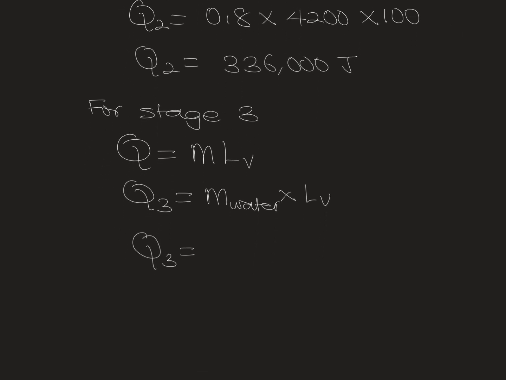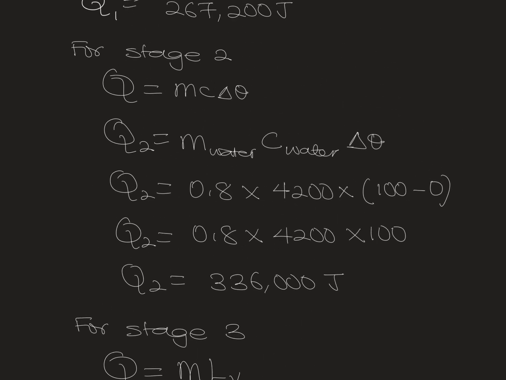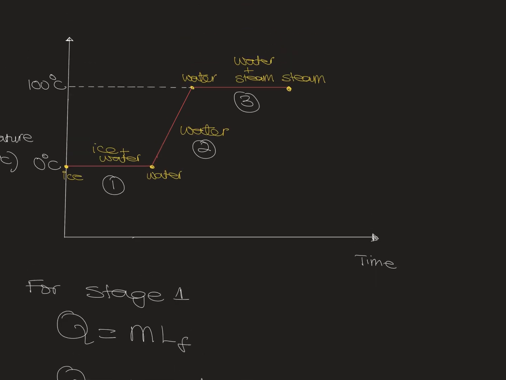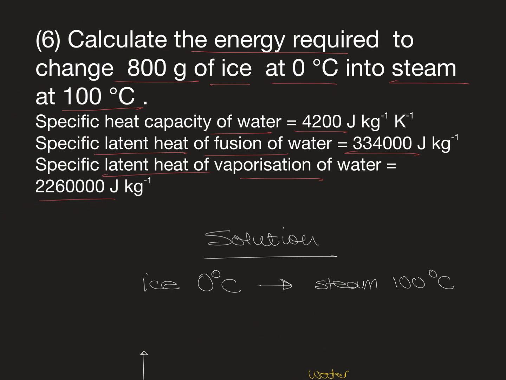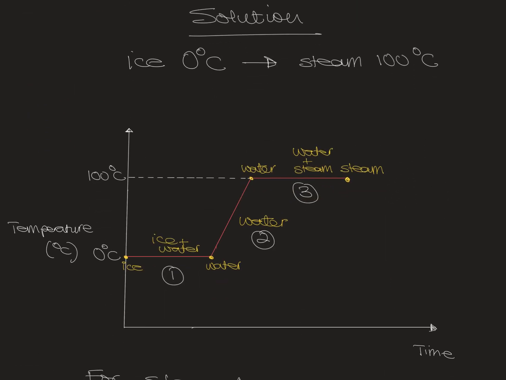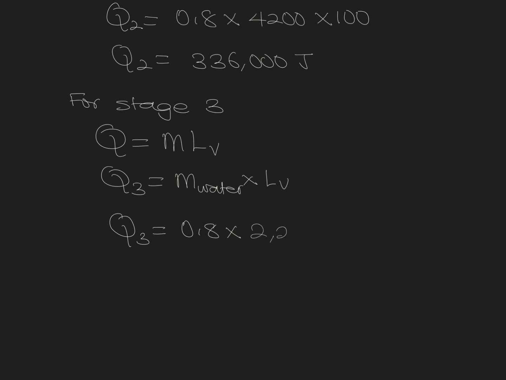Q3 is equal to the mass of the water, 0.8 kilograms, times the specific latent heat of vaporization of water, which is 2,260,000 joules per kilogram. Two million, 260,000.